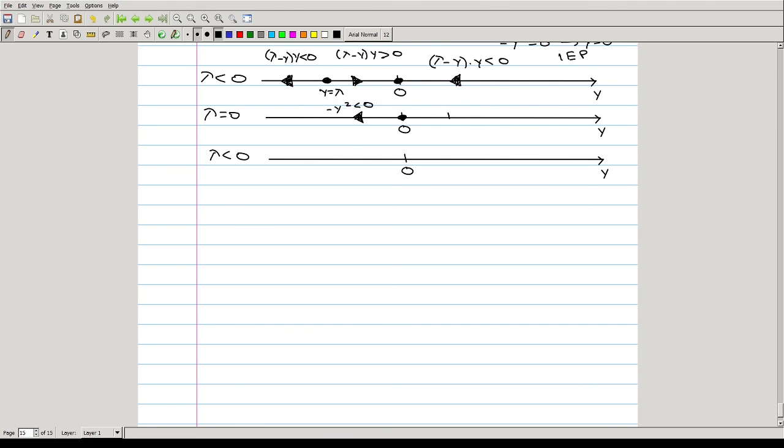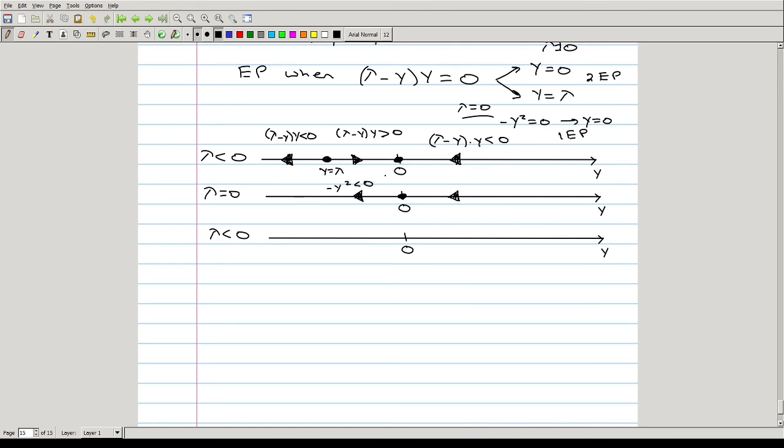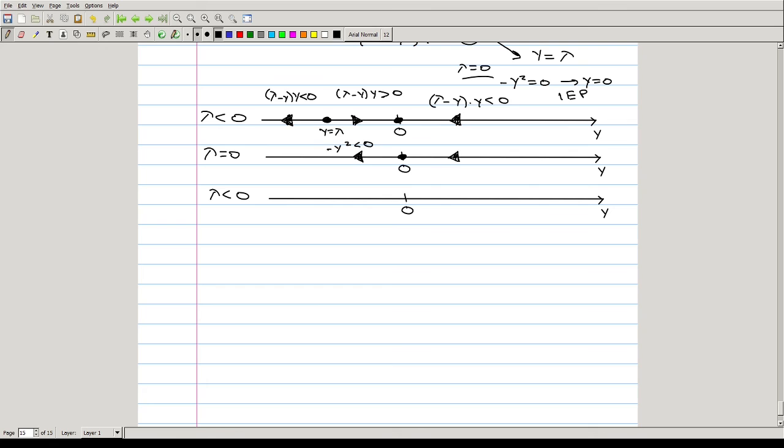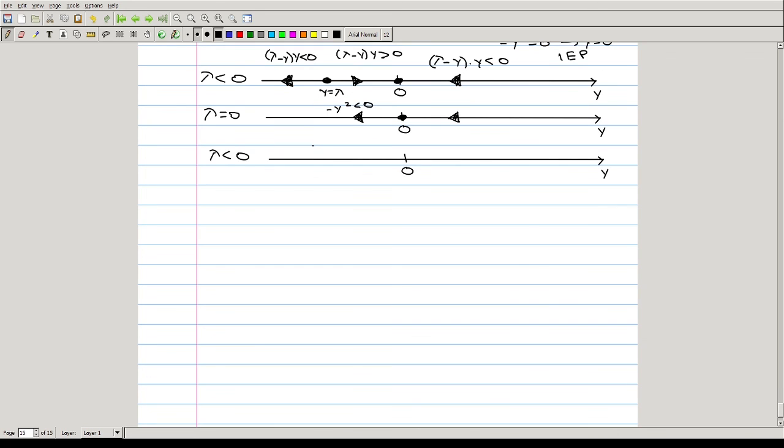And this is true up here as well. So for negative values of lambda, 0 is an asymptotically stable critical value. For positive values of lambda, or for lambda equals 0, 0 switches and becomes an unstable critical value, and we also lose a second equilibrium point.